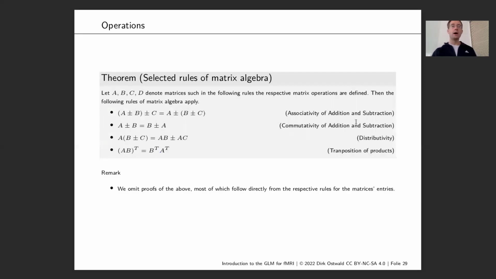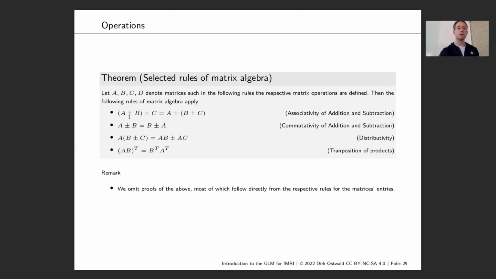Now, except for inversion, we have basically everything that we need. There are some rules of matrix algebra that we will also use in things that I will show you. Addition and subtraction are associative, because these are element-wise operations.